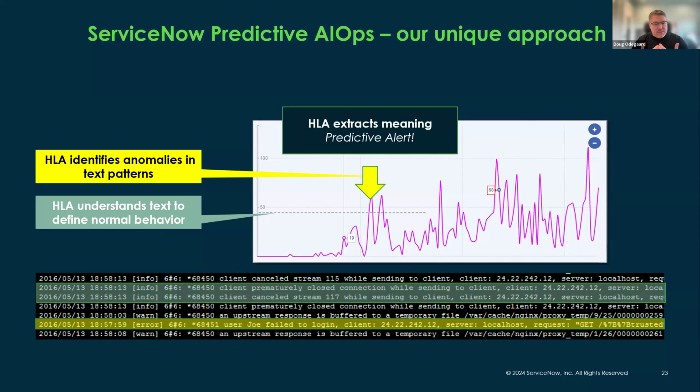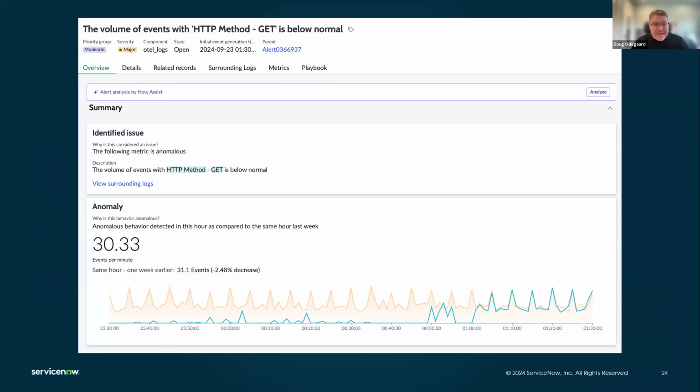And that's the reason why, I've been involved in observability for many years, and when I began using HLA, I was really excited because as an observability practitioner, I didn't actually explicitly say, look for this. It is actually reading that and providing it for me.